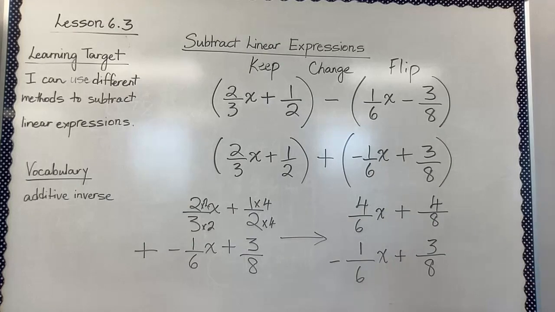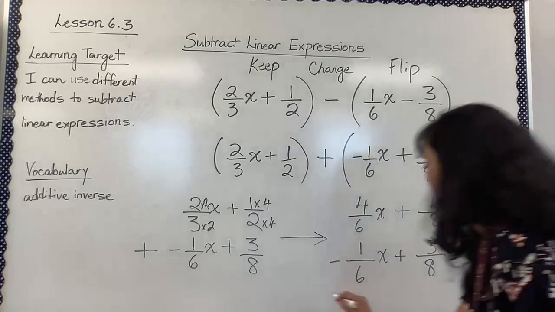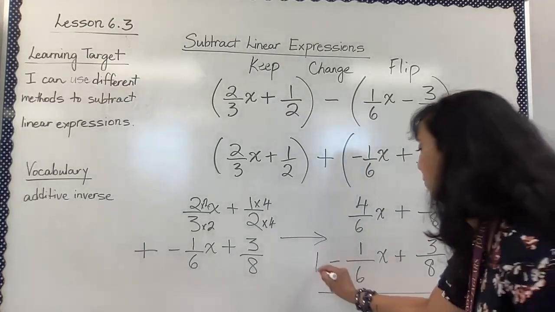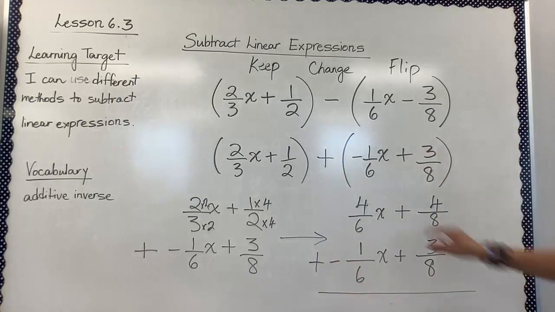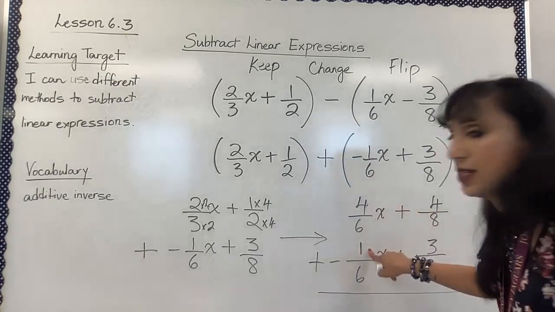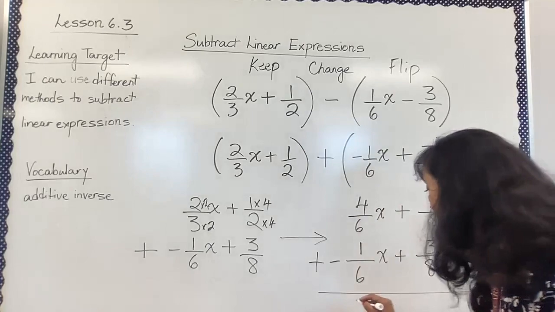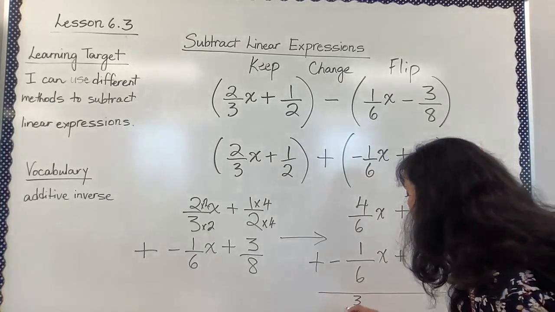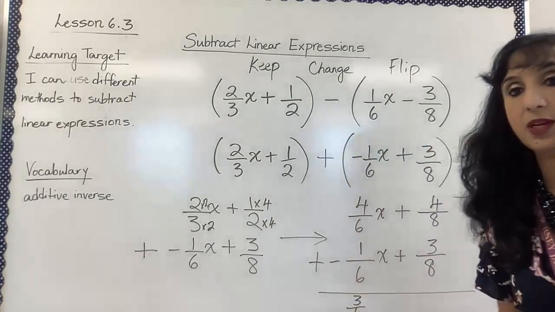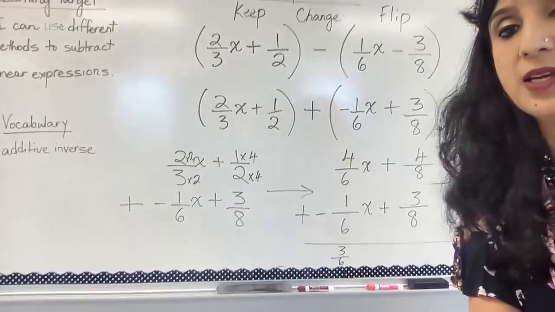Now when I add or subtract, because this was addition, we can see these are opposite signs. So I am going to subtract and give the sign of the bigger absolute value. What is 4 minus 1? I get 3/6.